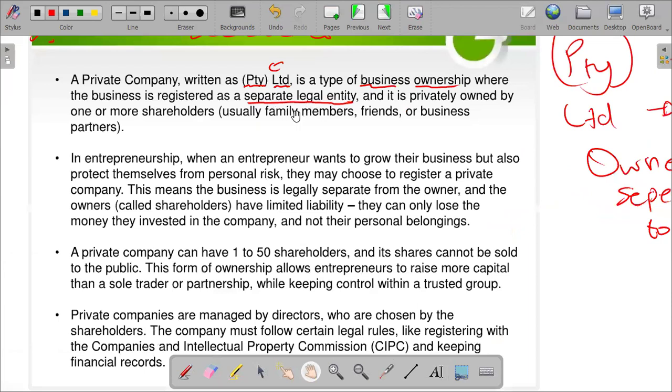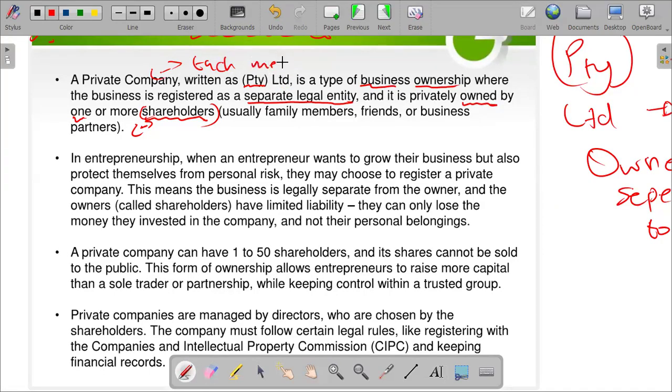So it's a separate legal entity, and it is privately owned by one or more shareholders. What you need to take into consideration is that it's owned by one or more shareholders, not partners, not members, but shareholders. This is very important. In that company, each member has shares, hence they are called shareholders.